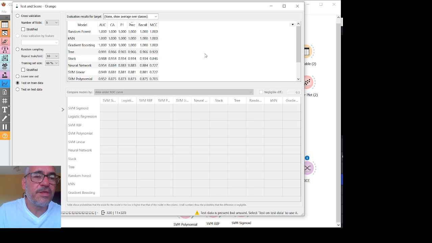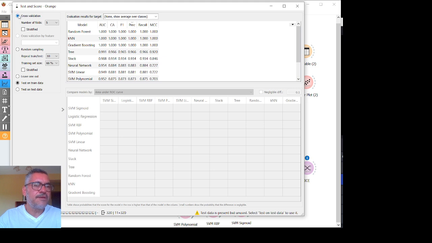As I said before, we have the best model here because we have an area under the curve equal to 1, so probably we have overfitting, and of course we have overfitting here because we did not use cross-validation yet. To perform cross-validation, we check this, we select the number of folds that we want to use. We can leave it for now at 5.